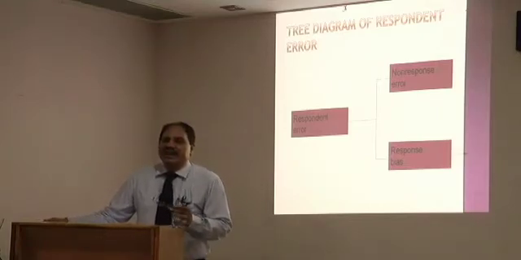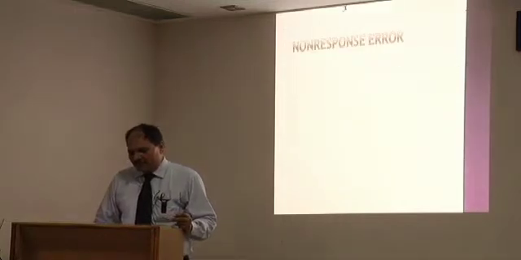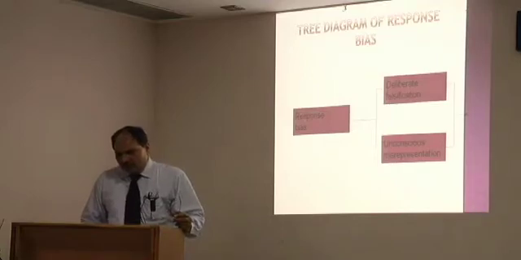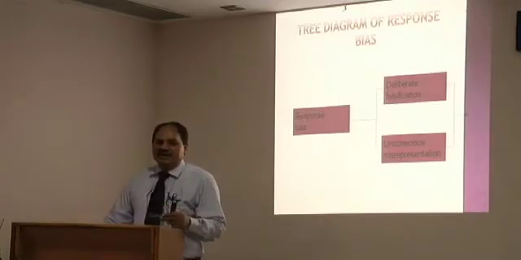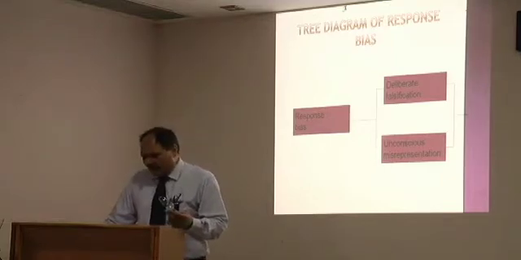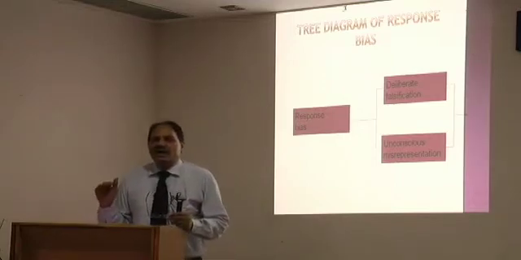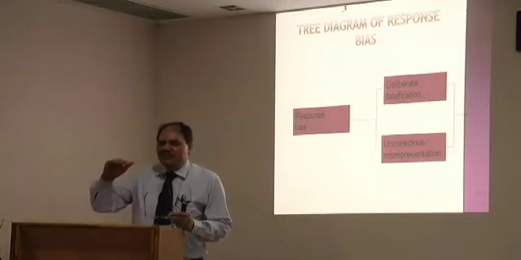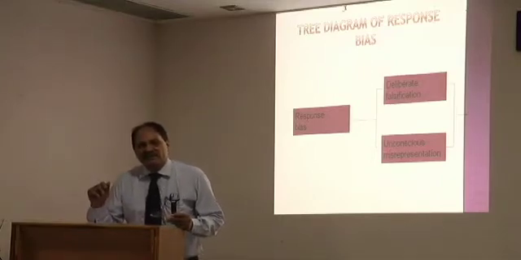That means respondents give incorrect response. Response bias is respondents give incorrect response. Response bias can be because respondents do it deliberately, that they deliberately give wrong response, or unconsciously they give wrong response. Now deliberately they do it only when they know this is the organization that is carrying out research and what is the purpose of this research.